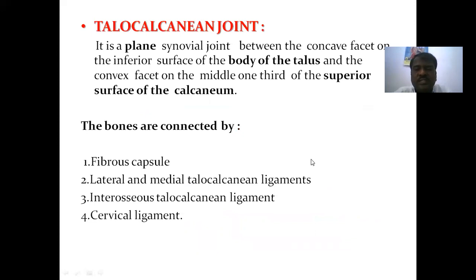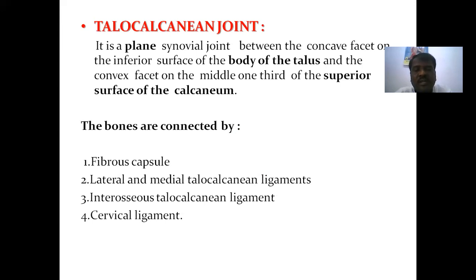First, we will discuss the talocalcaneal joint. It is a plane variety of synovial joint. It is between the concave facet on the inferior surface of the body of the talus and the convex facet on the middle one third of the superior surface of the calcaneum.